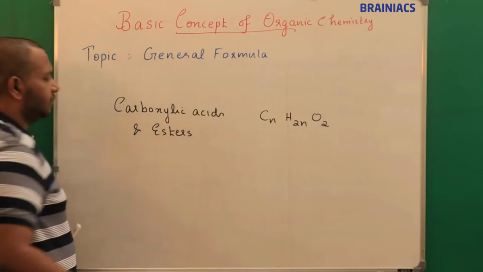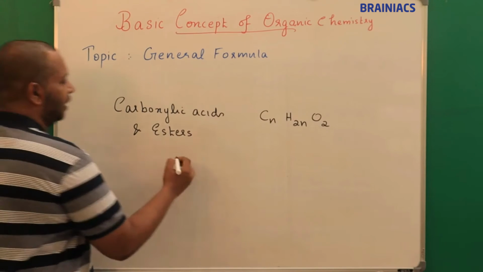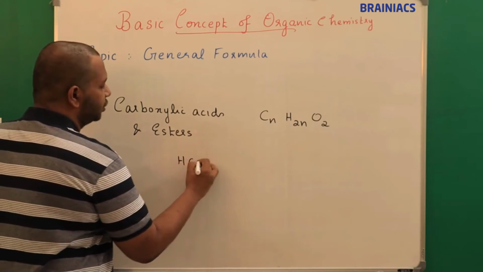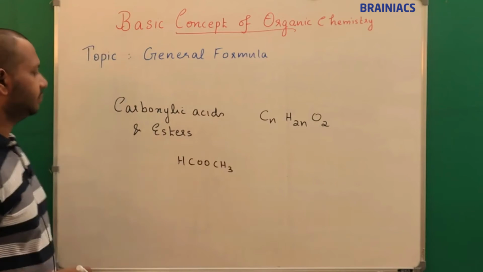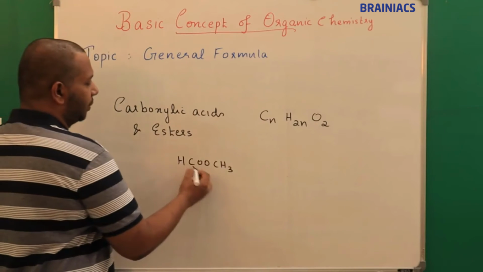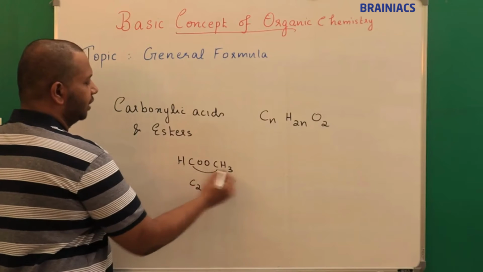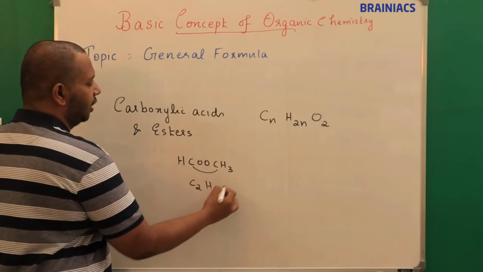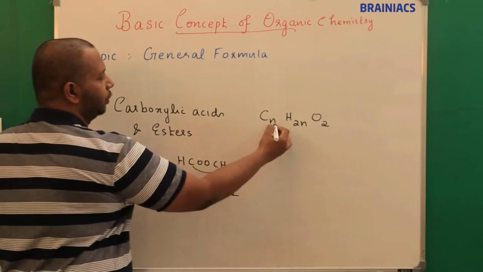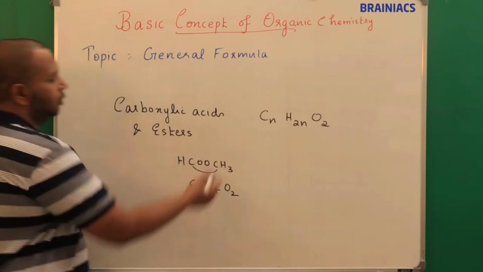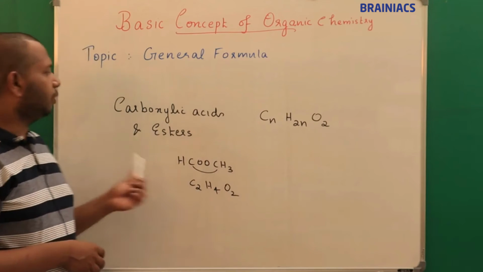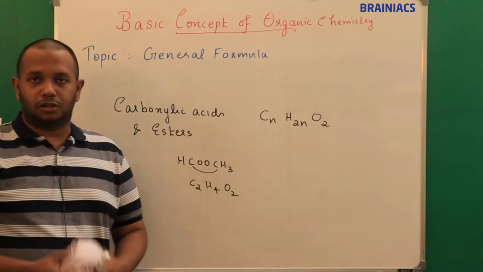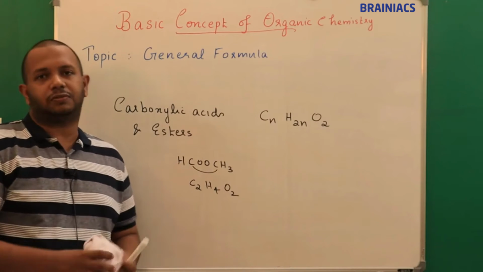One simple ester, for example, is HCOOCH3. This is an ester. Correct? If you count the carbon atoms, 2, C2, then count the hydrogen, it becomes 4, and oxygen 2. So if I put 2 here, this becomes 4 and this becomes 2. So again the formula remains the same. That's why I told you carboxylic acids and esters are functional group isomers and have the same general formula.